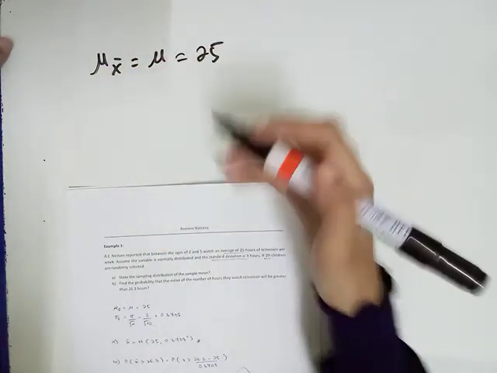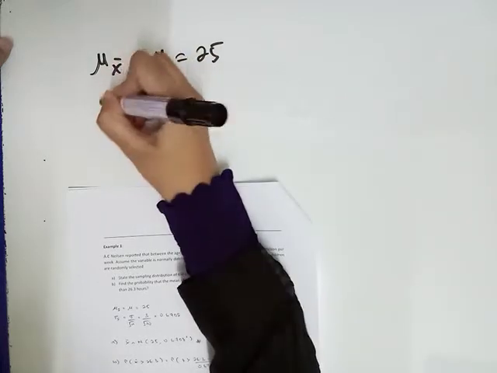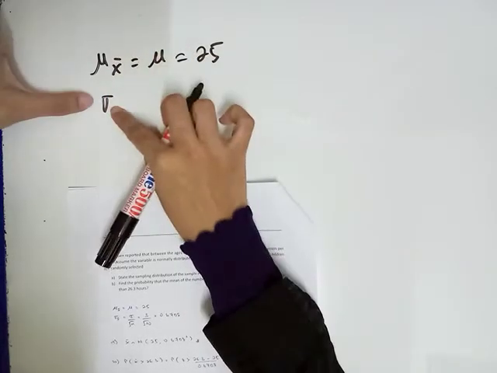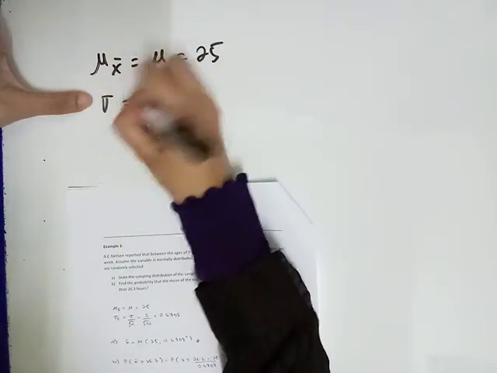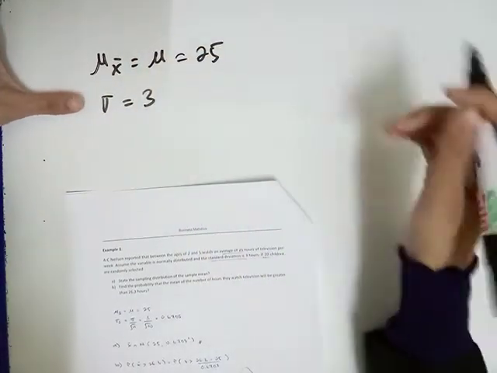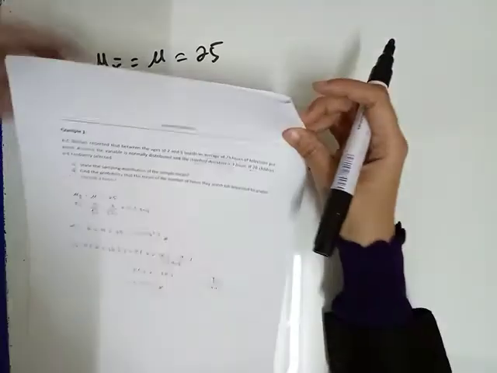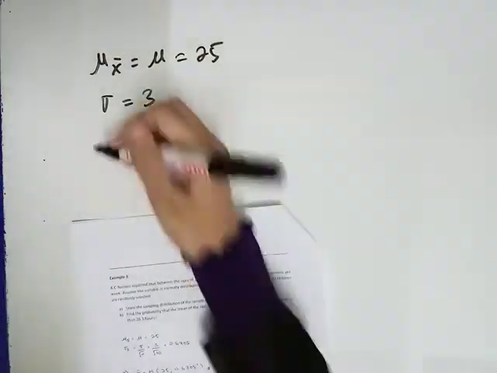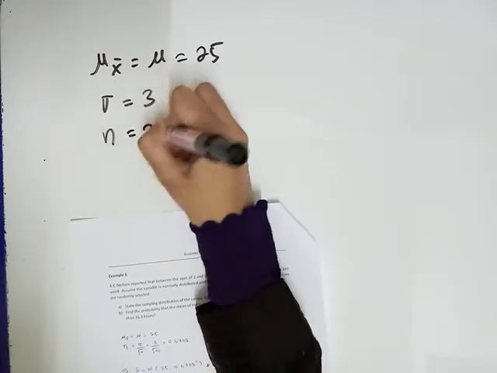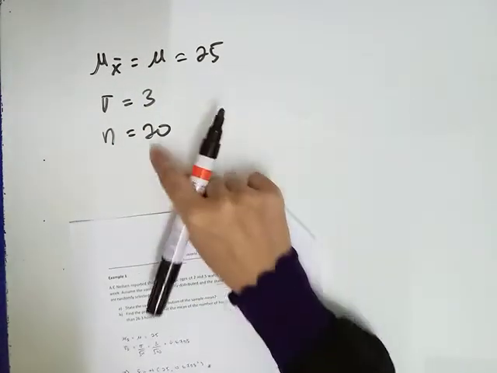Standard deviation yang dia bagi dalam soalan tu, from question tu, it is standard deviation of the population. It is equal to 3. And then, if 20 children are randomly selected, 20 tu apa? 20 tu adalah sample size dia, sample size yang dia nak study.